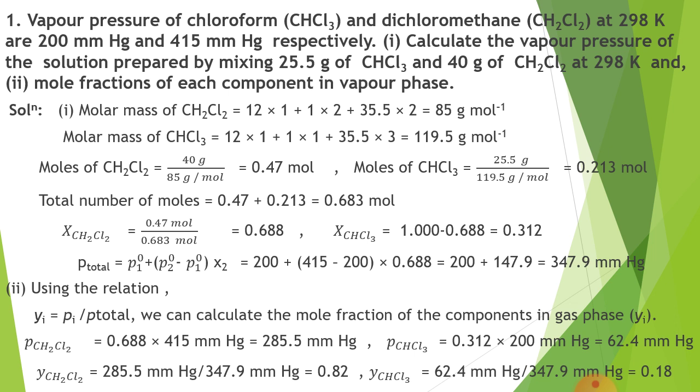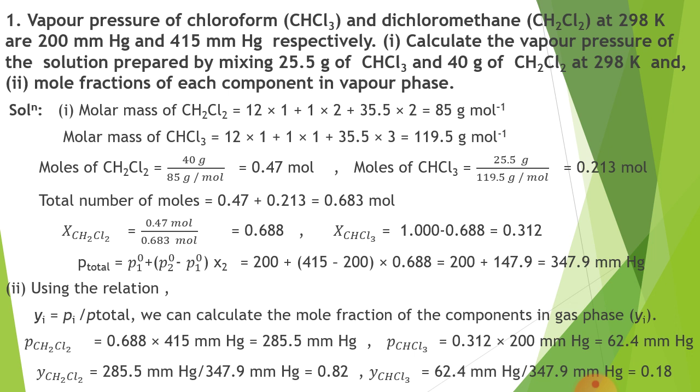Similarly, calculate the mole fraction of chloroform either by calculating number of mole divided by total number of mole, or I have told you X equal to 1 minus XB. Here 1.00 minus 0.688. This will give 0.312. Now we find the mole fraction of both components.